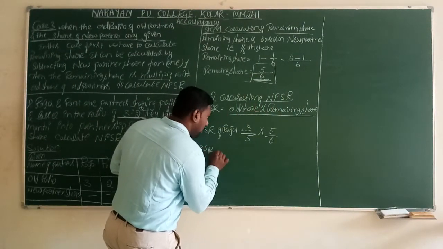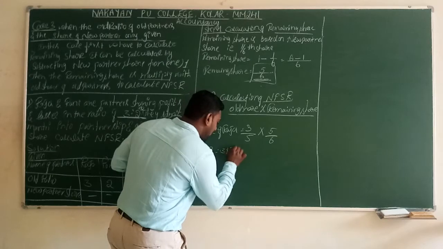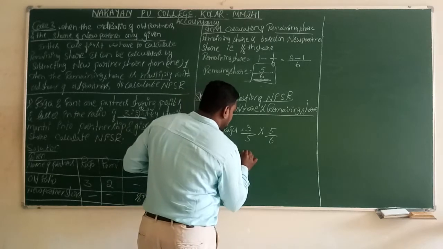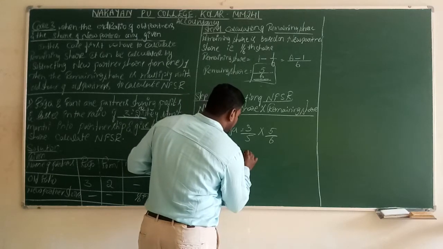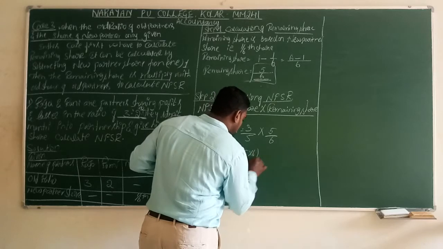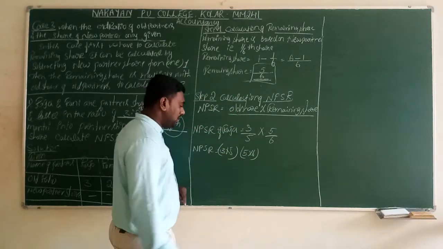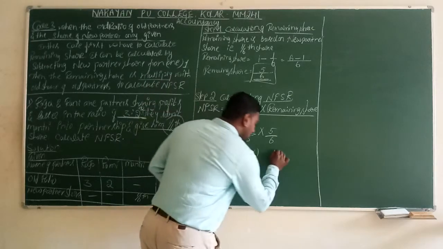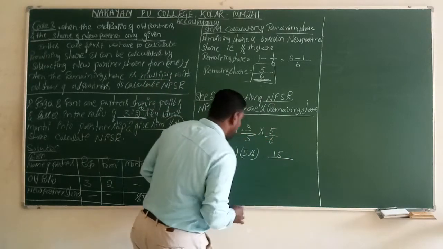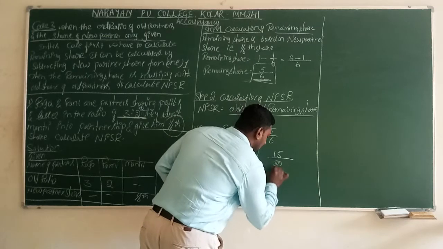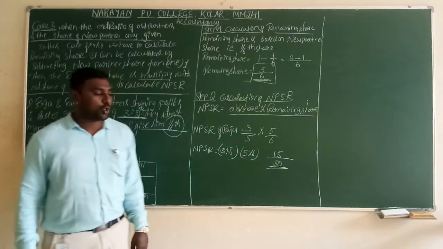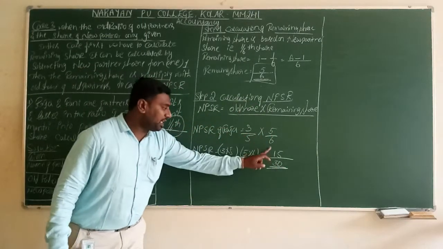NPSR is equal to 3 into 5 over 5 into 6. 3 fives are 15, divided by 6 fives are 30. So the new profit sharing ratio of Raja is 15 divided by 30.